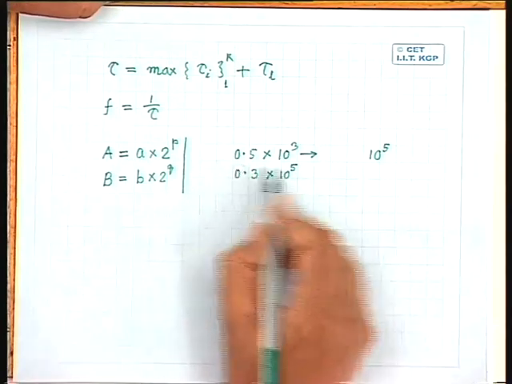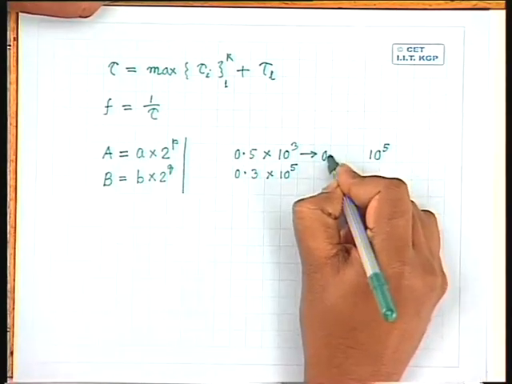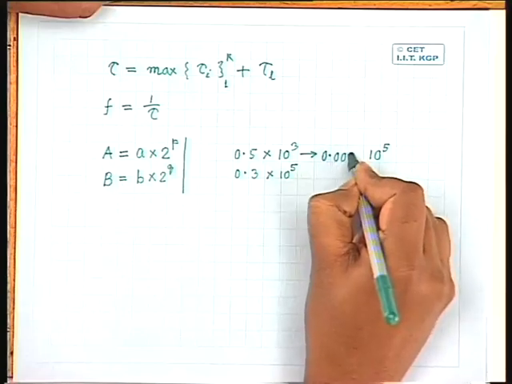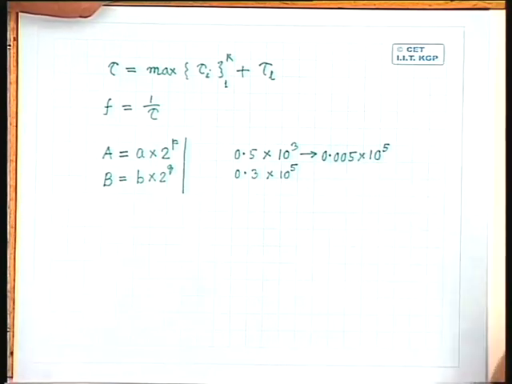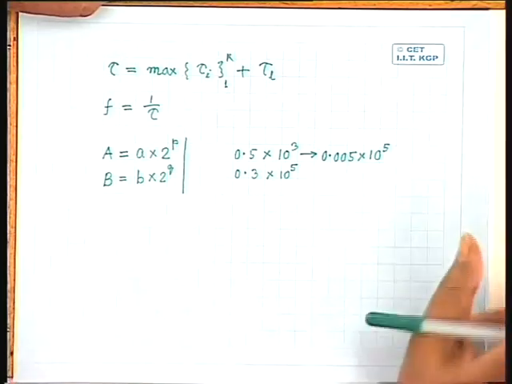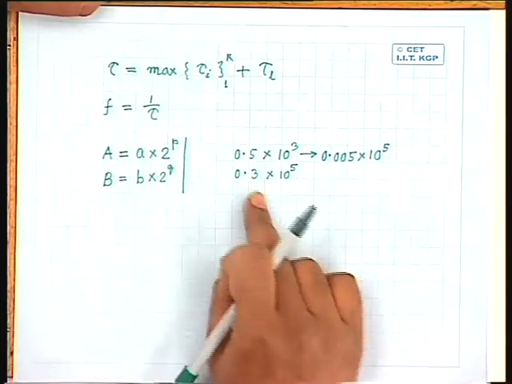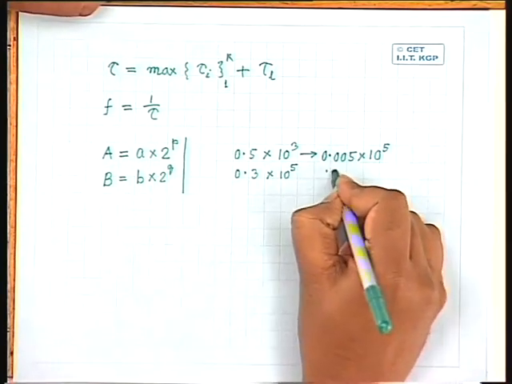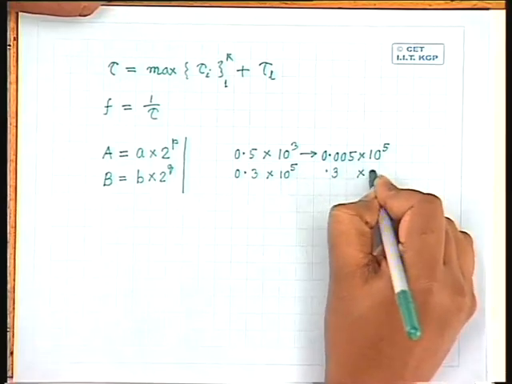Okay? So this fraction part now becomes 0.005 times 10 to the power 5. The number remains the same. Only some adjustment among exponent and the fraction part. And here it is 0.3 into 10 to the power 5 as before.